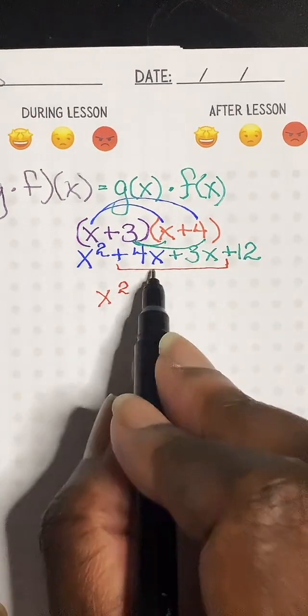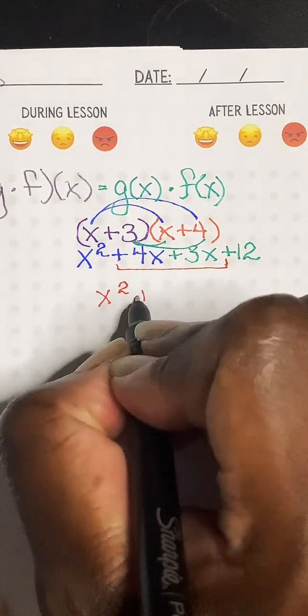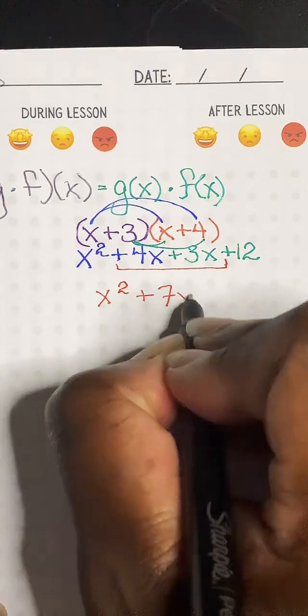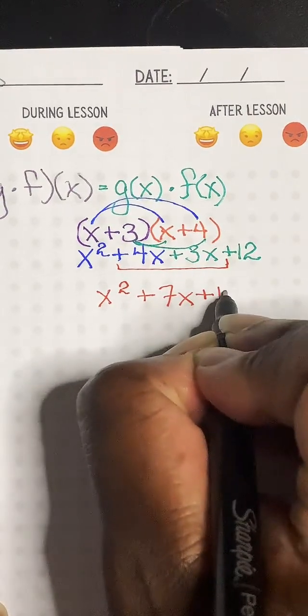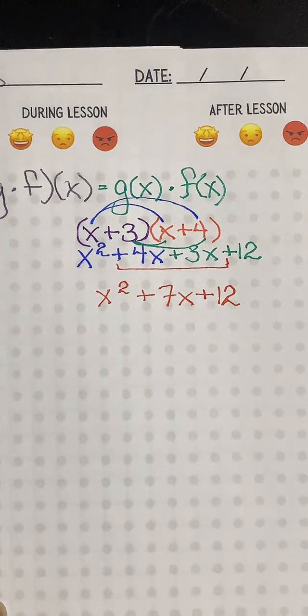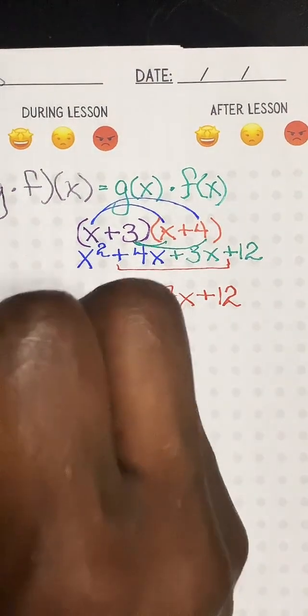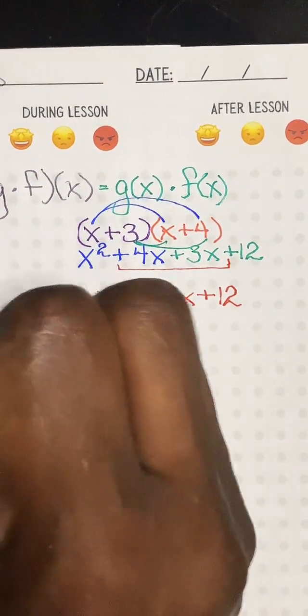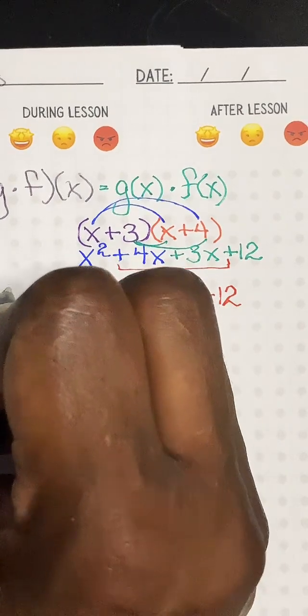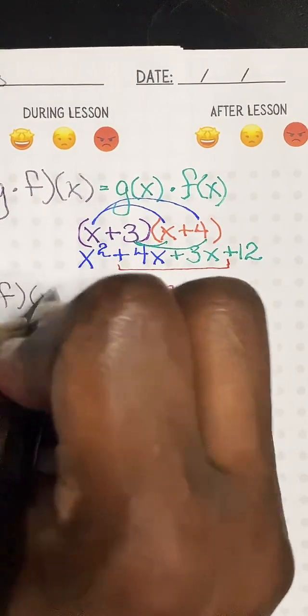I'm going to combine the 4x and the 3x, get 7x. And then I'm going to bring down my 12. So what you just found is basically the product of the g function and the f function of x.